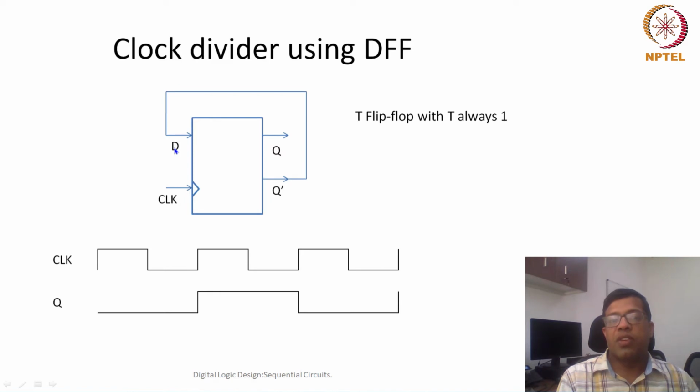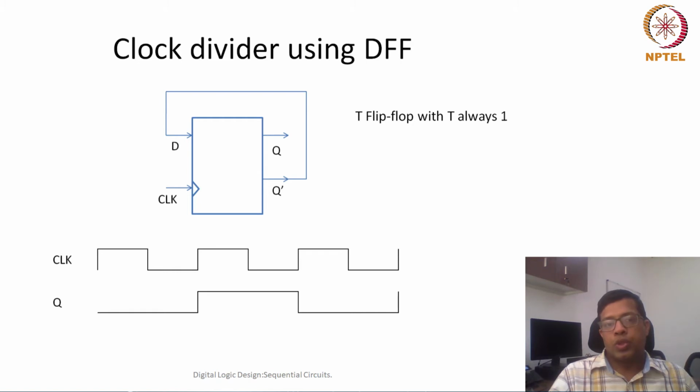So instead of a D flip-flop, if I have a T flip-flop, I can always give T as 1, then the output will keep on fluctuating between 1 and 0 after alternate clock cycles. So a T flip-flop can also be used for clock division.